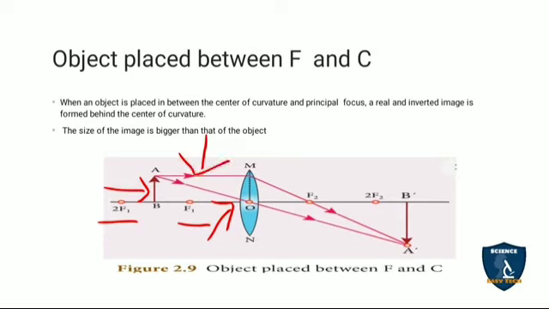Here we place the object between F and C. After the refraction, the image is formed on the other side, a very large and inverted image. This place is marked A dash B dash.